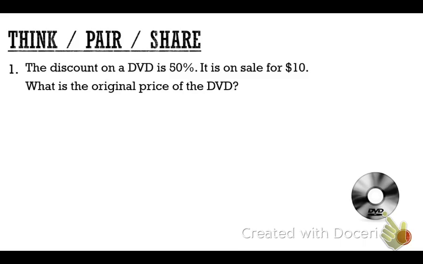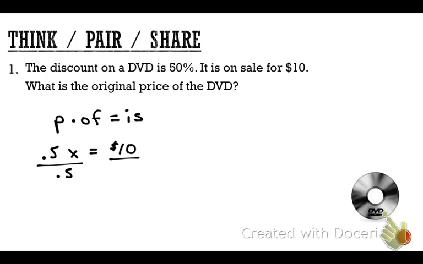Now, with it being something as simple as 50%, I would hope that you could kind of process what that would be. But if you can't, I've taught you all the steps that you need to know. P times of equals is. We're going to go ahead and put that P right there. What would the P be? 50. Okay. 0.5 times of. Remember, of is the original. Do we know what the original price was? No. Not yet. So we're just going to put an X. Do we know the sale price? $10.